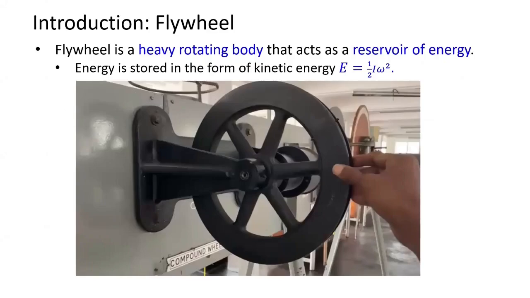So when you store energy, that means when you have more energy in the system, then omega has to be more. So when the flywheel is storing energy, omega is increasing. At the same time, when the flywheel is supplying energy to the system, E will be reduced, and that means omega will also be reduced.